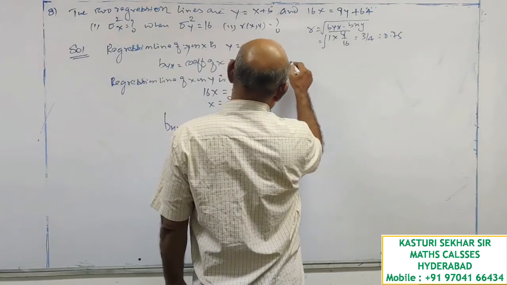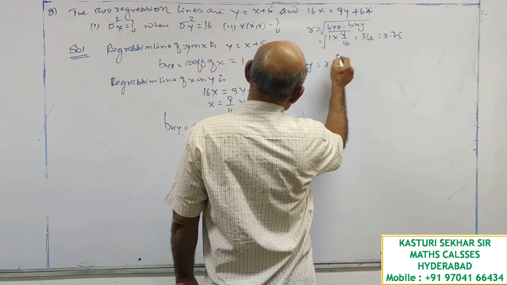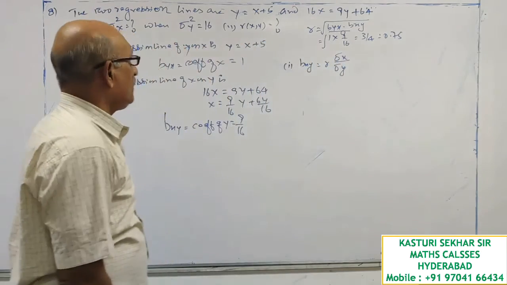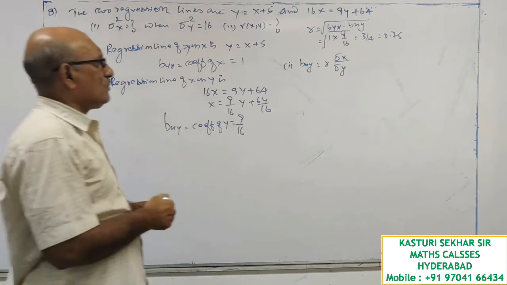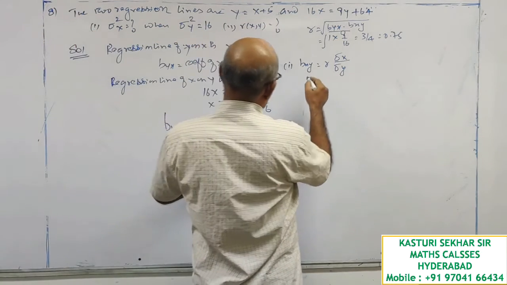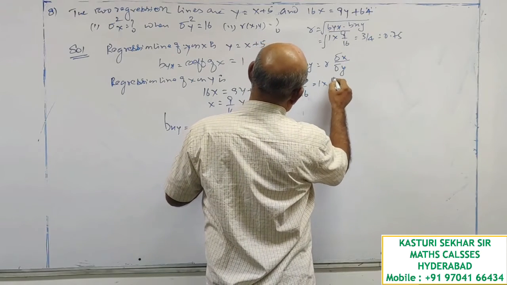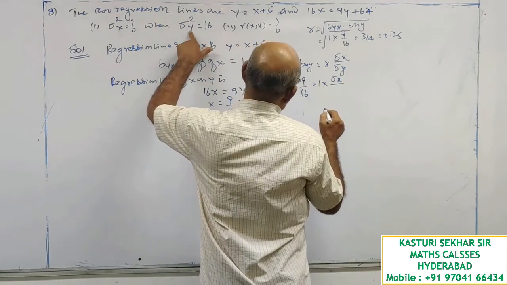Let us see the first part. bxy is equal to r into standard deviation of x by standard deviation of y. bxy is 9 by 16, r is 1, standard deviation of x as it is, standard deviation of y.